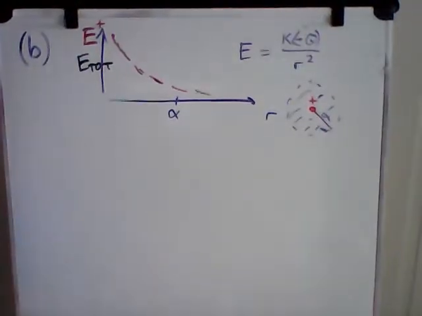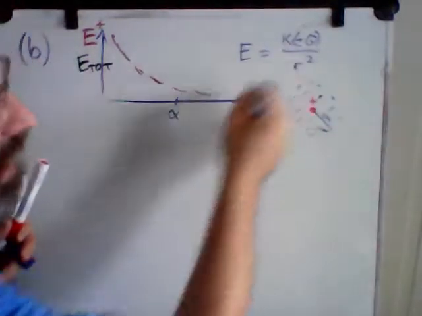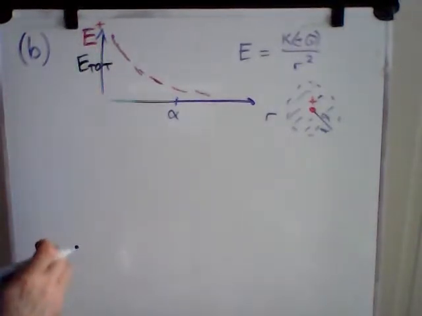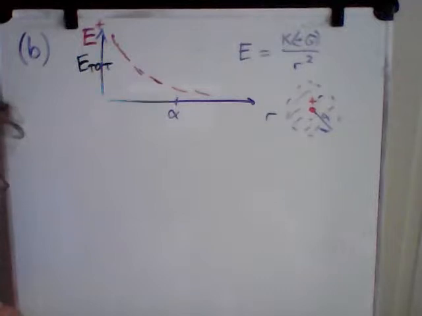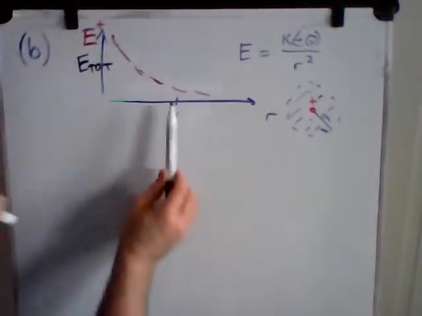Once we hit alpha, beyond alpha, this thing is neutral looking inward. And if it's neutral looking inward, how much total electric field should we have beyond alpha?